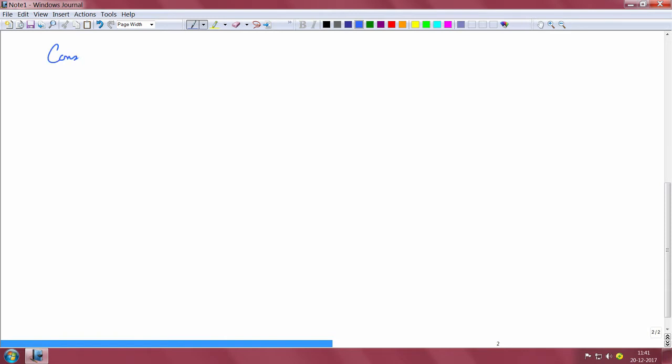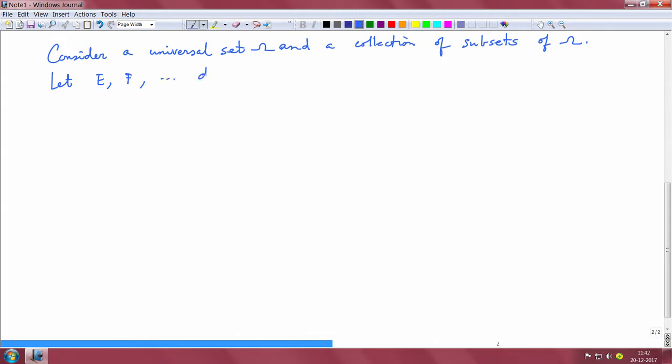Now, consider a universal set omega and a collection of subsets of omega. You have a universal set and we are looking into a collection of subsets of omega. Let E, F and so on denote the subsets in this collection.